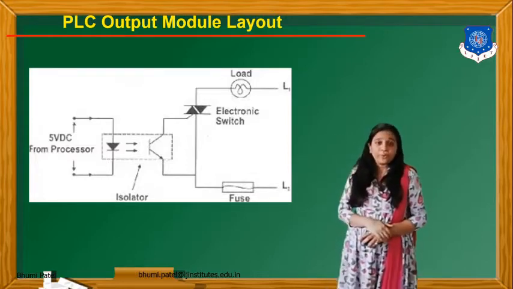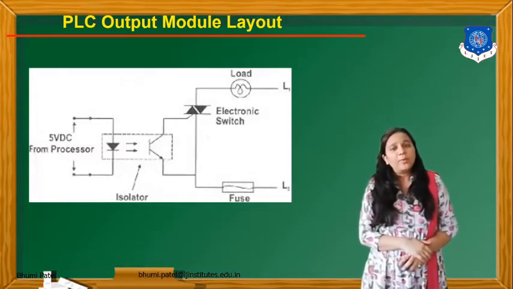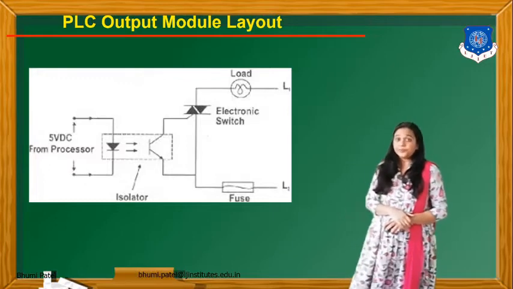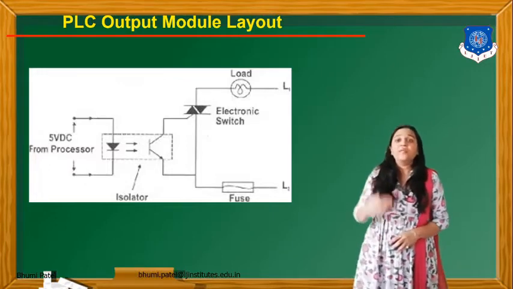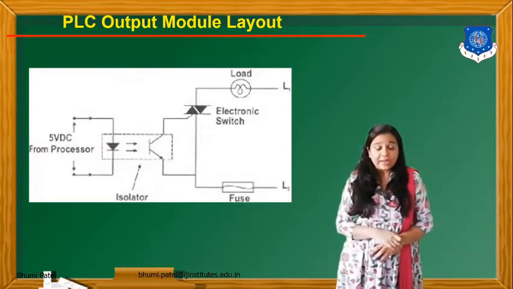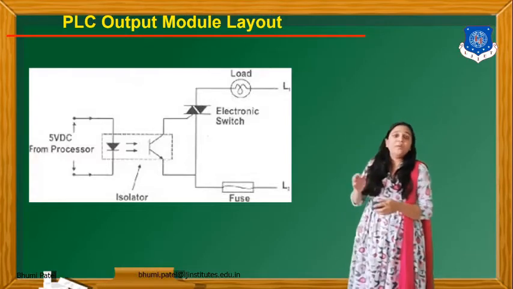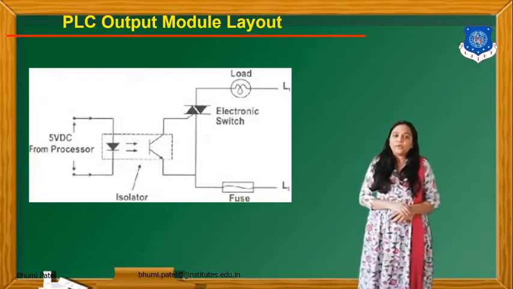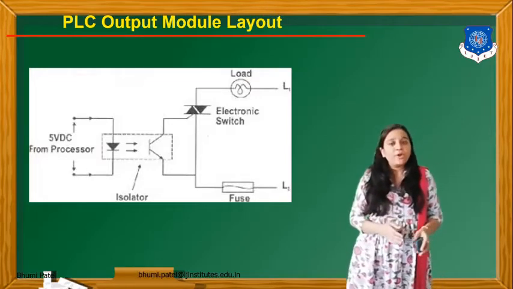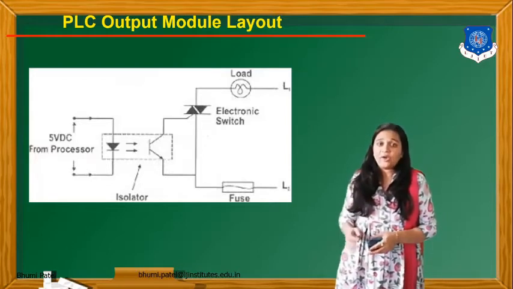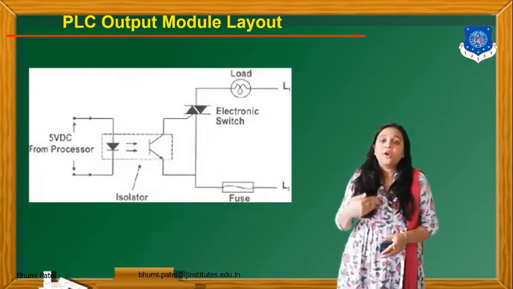Now as you know, the triac works in both directions, so it works as the electrical switch for our PLC output module layout. The basic purpose of the input and output module layout is that whenever the input is given to the input module, it is always from a type of sensor or the AC supply.